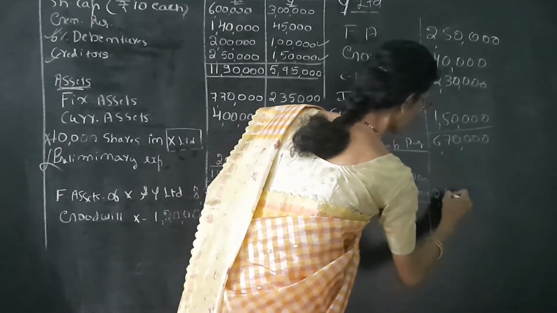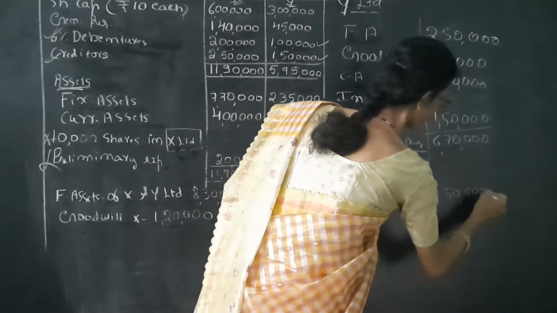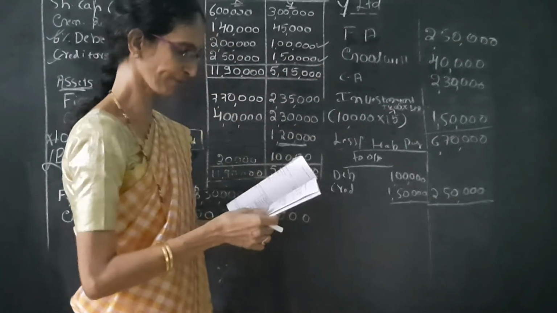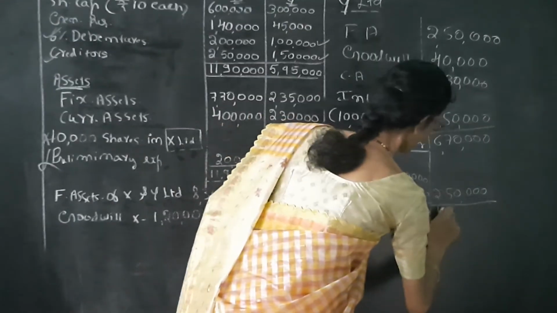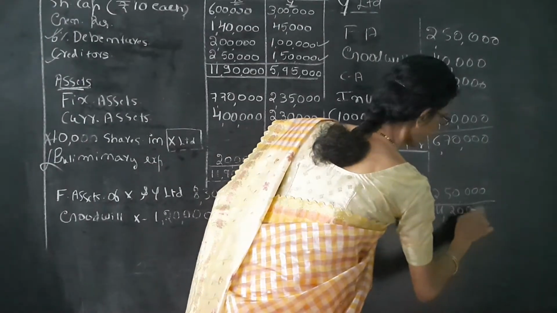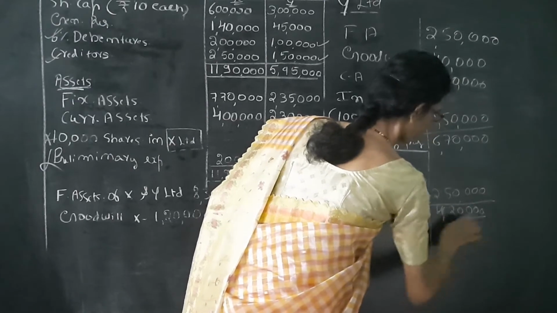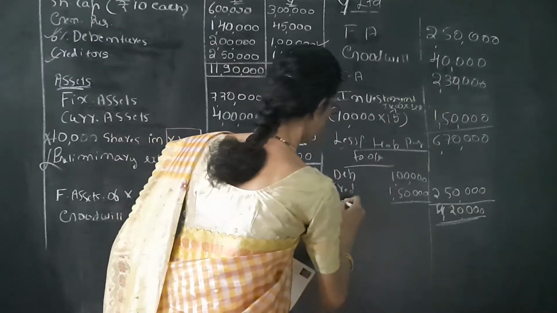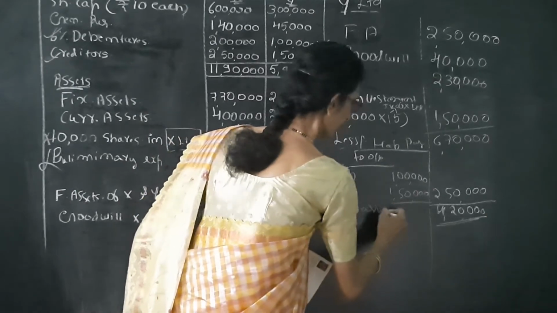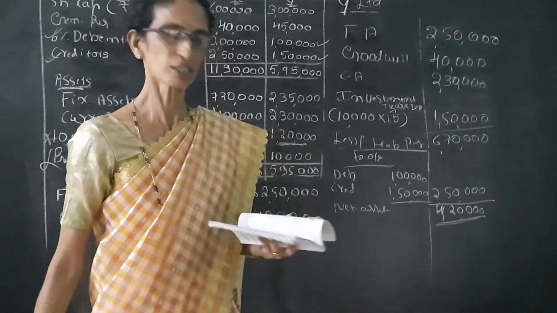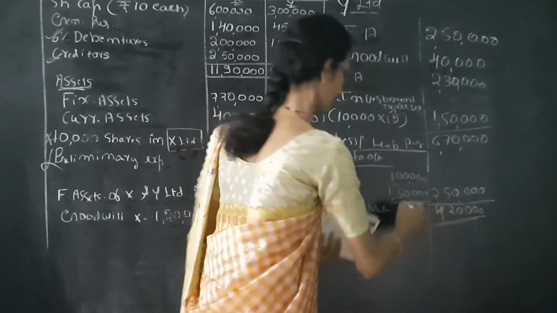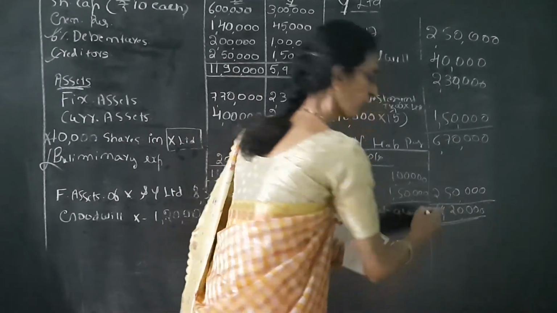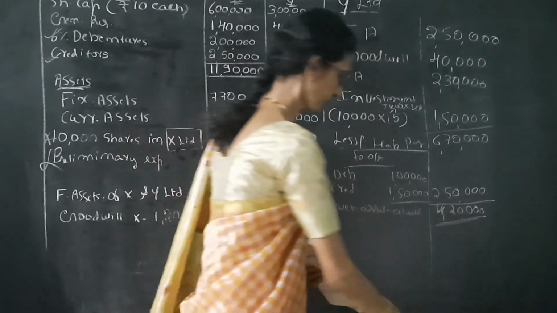So total it is 2,50,000. So we get 4,20,000. It is the net assets available to shareholders or net profit available to shareholders.